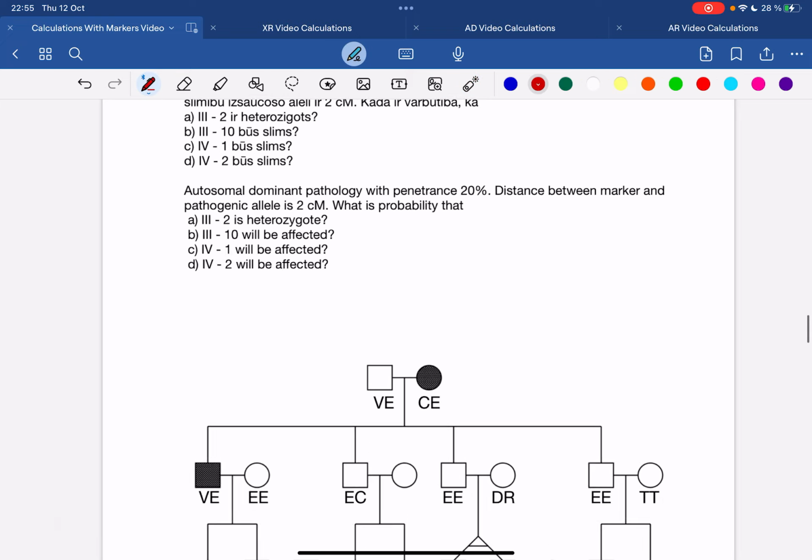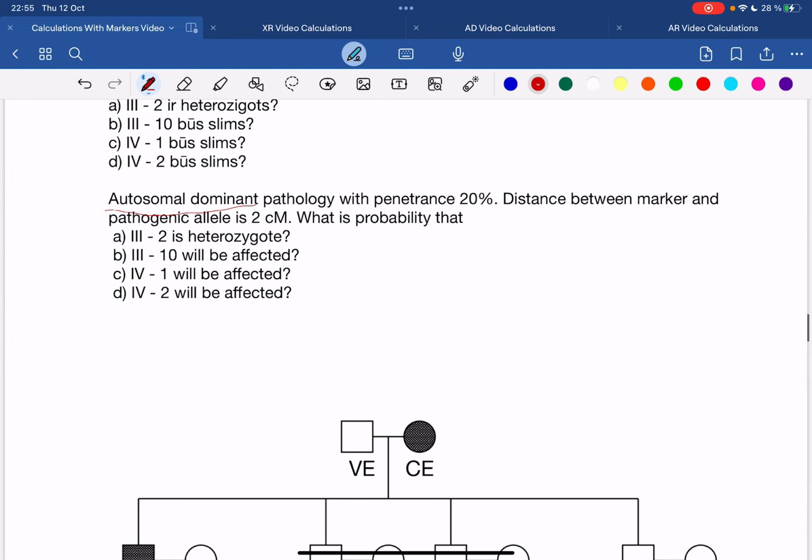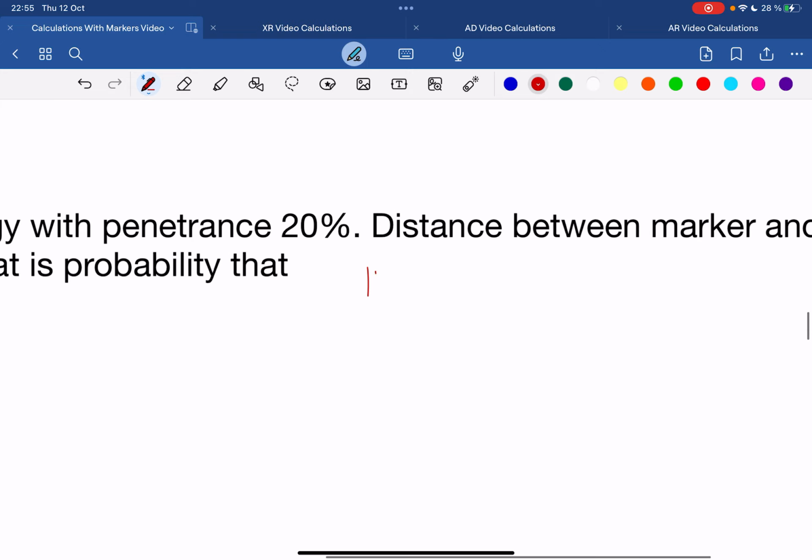Here we are dealing with autosomal dominant again, so AD. And we have a CM of 2%, so let's write the high versus low probability again. 100 minus 2, which equals 98, or 49 over 50.